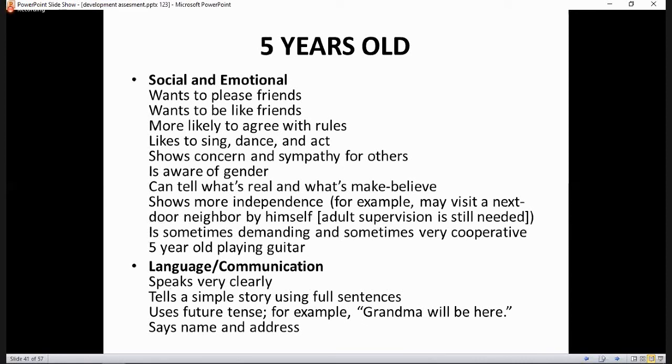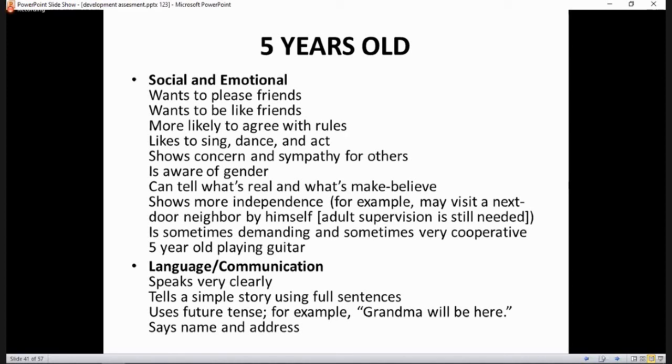And finally, the 5 year old child wants to please friends. They like friends, are likely to agree with the rules, and like to sing, dance, and act. They show concern and sympathy for others. They are also aware of gender at this age.